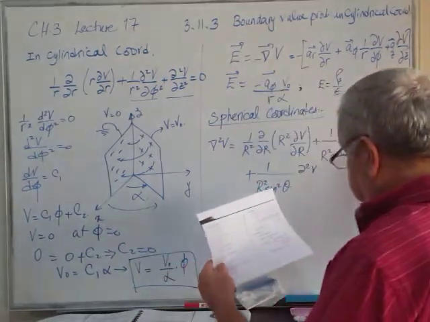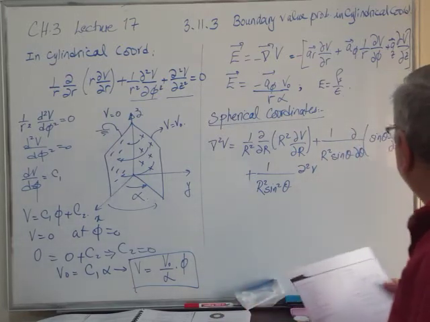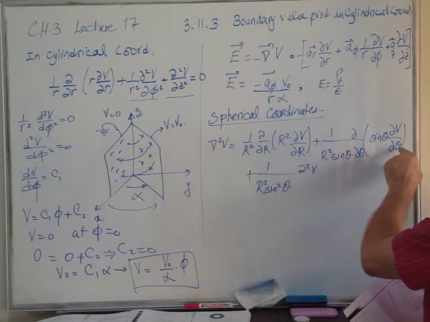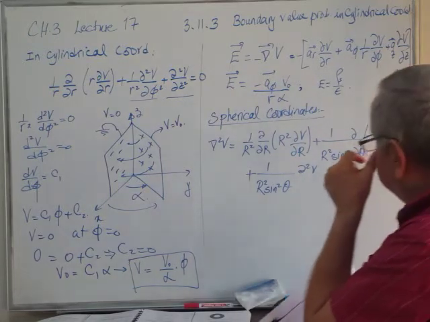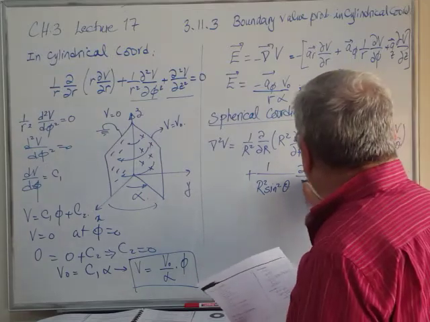This one has a del by del theta outside because it has to be a second order derivative.